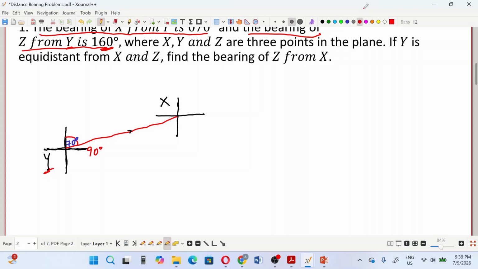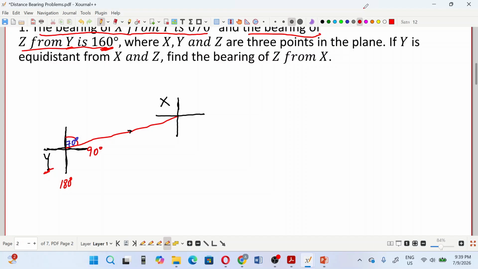I know the second quadrant here is going to end at 180 degrees. So if I'm looking for 160, it's going to be between the second quadrant here, right? So from 90, how much more do I need to add to get 160? It's just going to be 160 minus 90, which is 70.